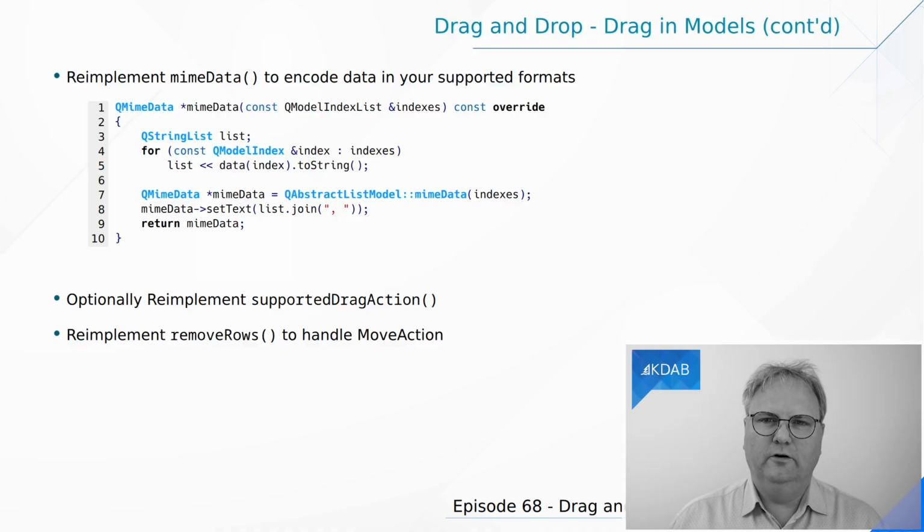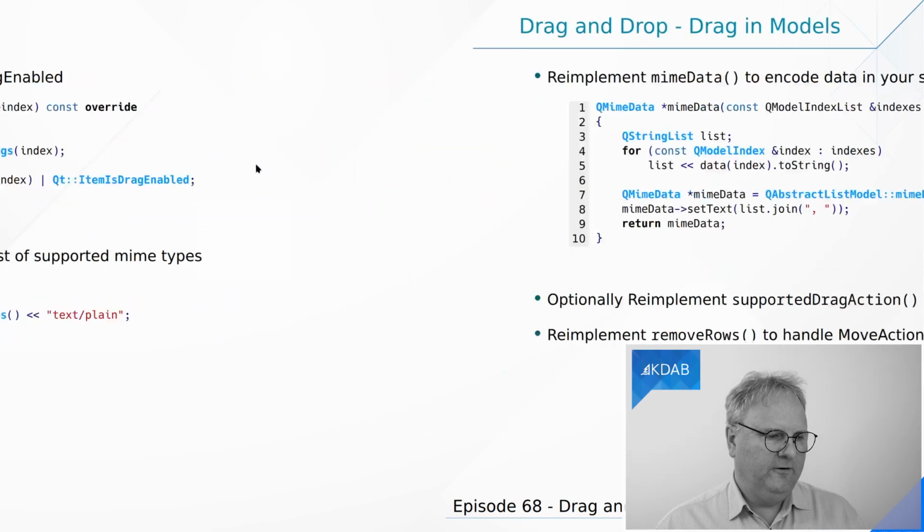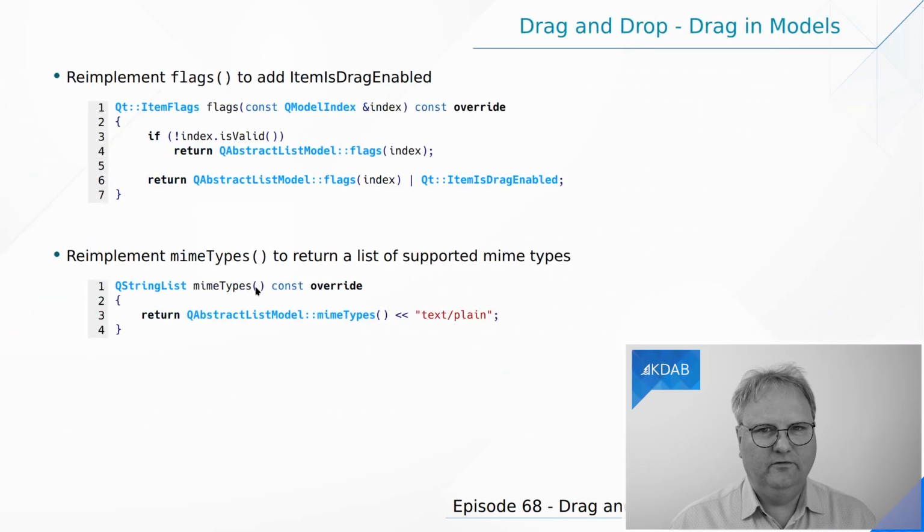If you still only want your new model to support drag and drop inside the model with the facilities that exist in QListView, with that weird MIME type that we saw before, then you do not need to implement mimeData, and you do not need to implement mimeTypes. Then you will just go to the superclass and you get those, and it will support drag and drop.